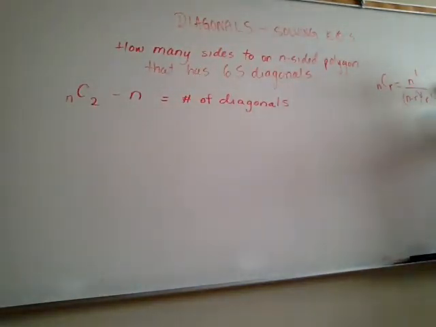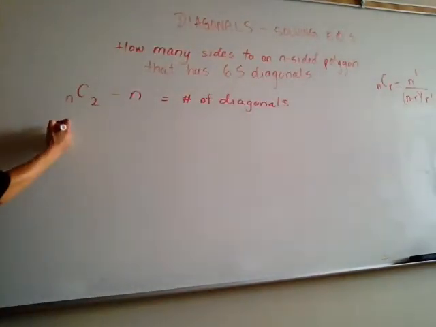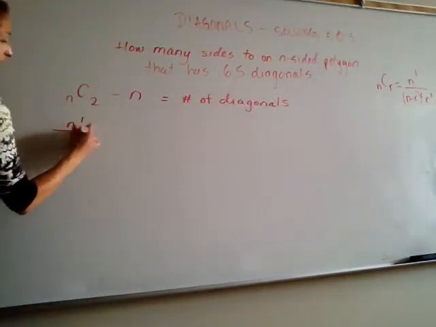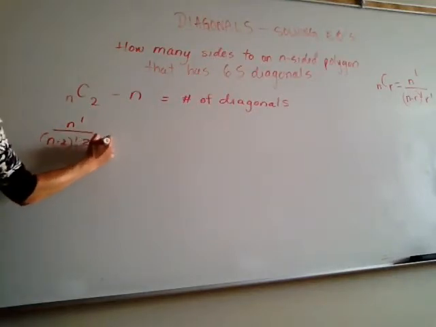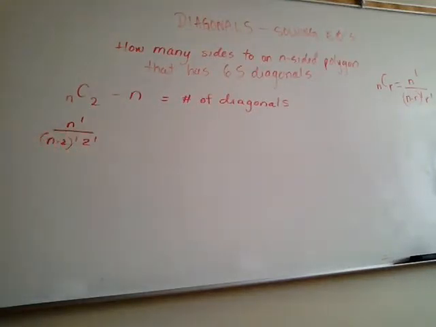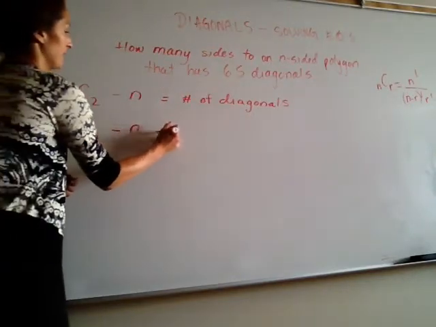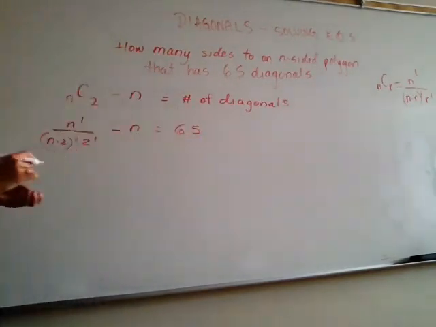So we're going to apply this formula into the diagonal formula, but instead of r, we have a 2. So n factorial over n minus 2 factorial times 2 factorial, minus n equals 65.